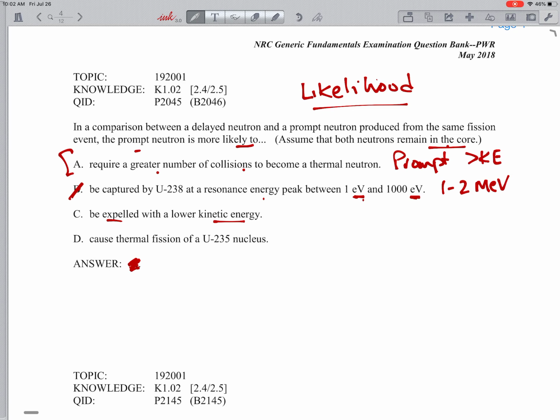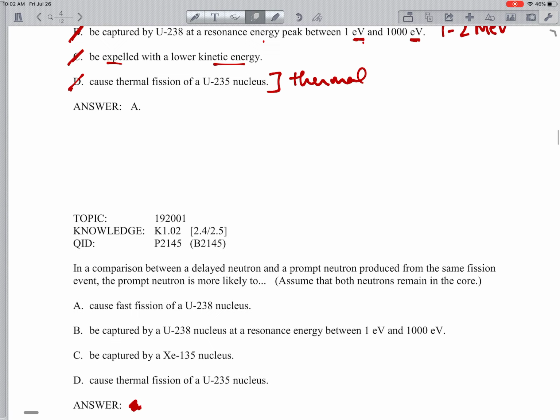And delta causes thermal fission of a U-235 nucleus. It's going to be a thermal neutron, so that was not right. So I'm going to say A is the correct answer: the prompt neutron is more likely to require a greater number of collisions to become a thermal neutron. A is the correct answer.